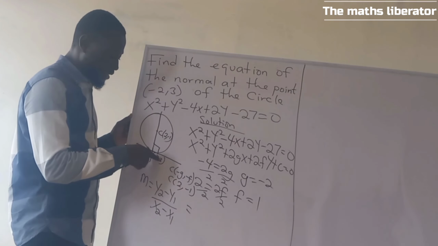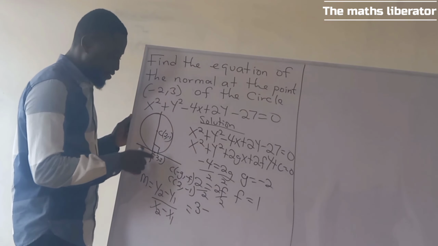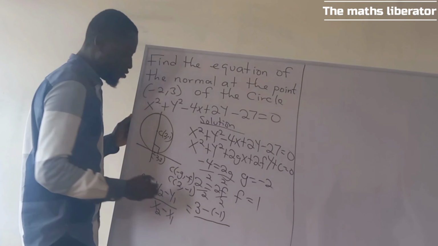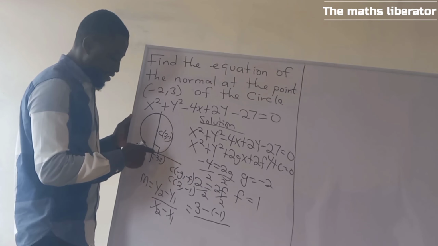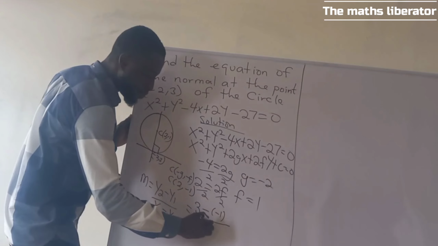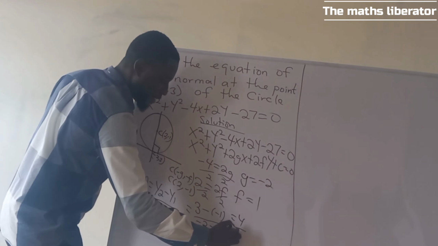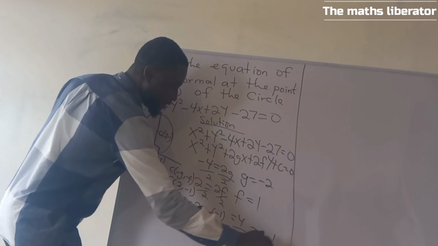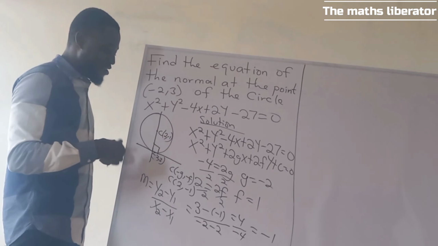My y2 is 3, so 3 minus my y1, which is -1, all over my x2, which is -2, minus my x1, which is 2. So it will be 4 over -4. So my m becomes -1.